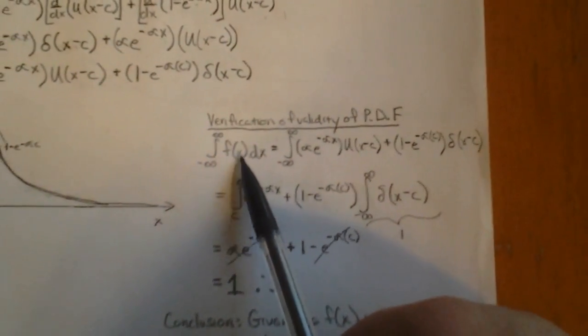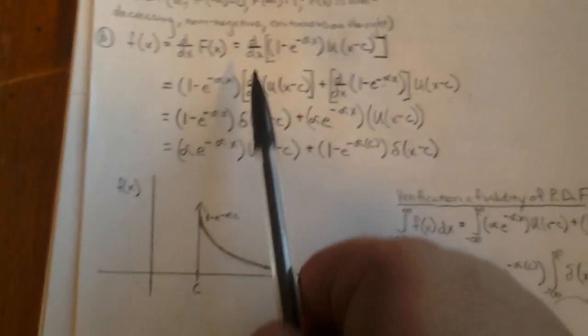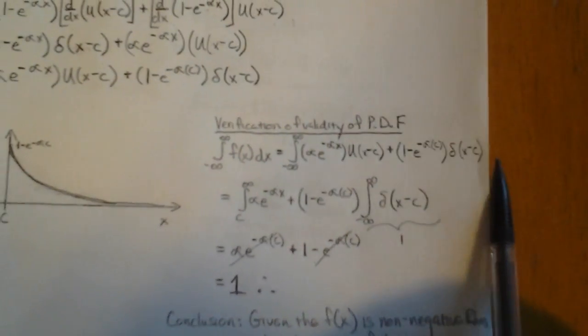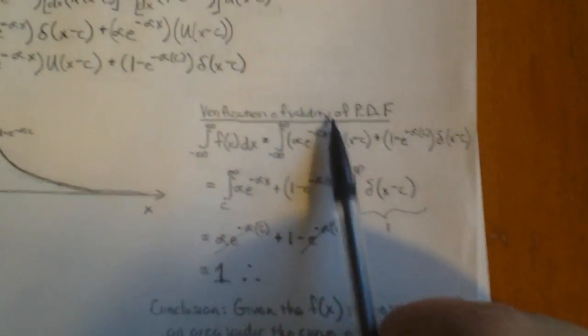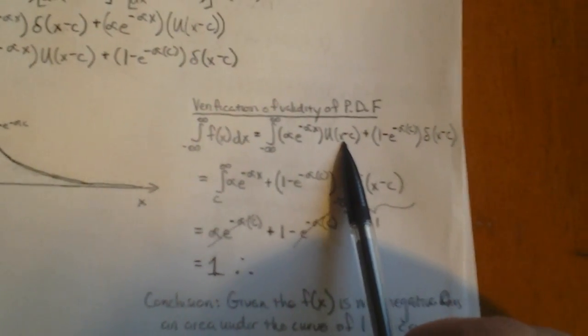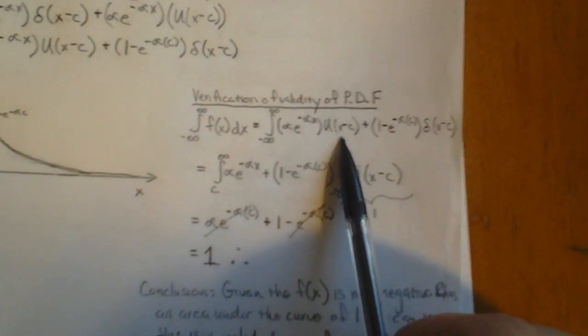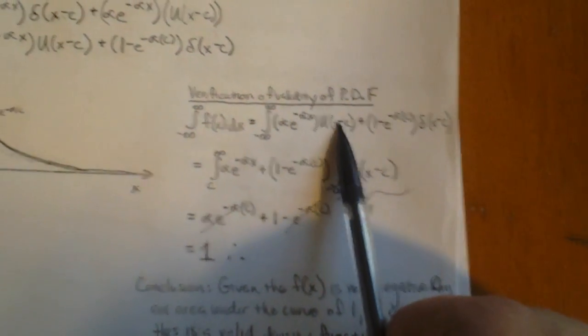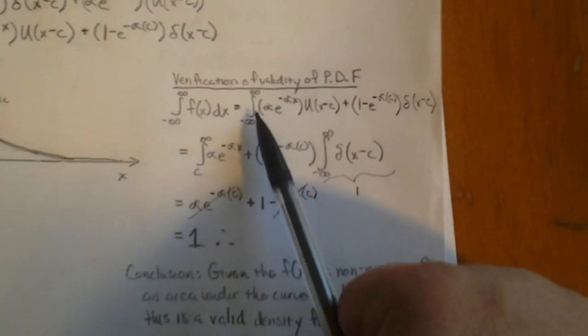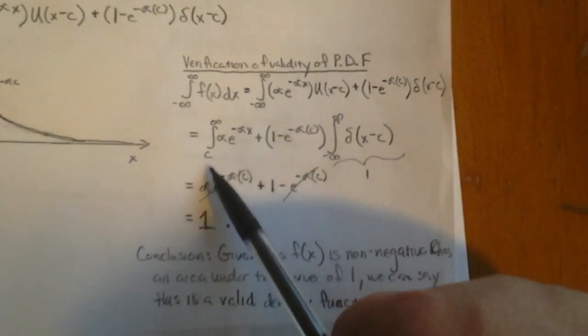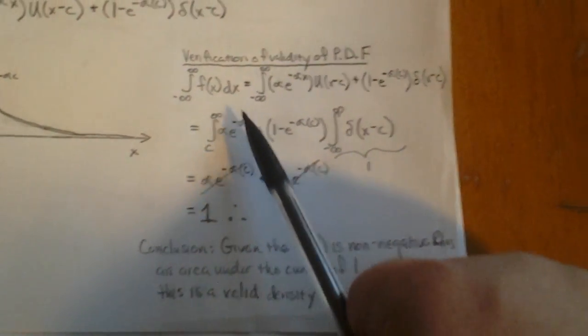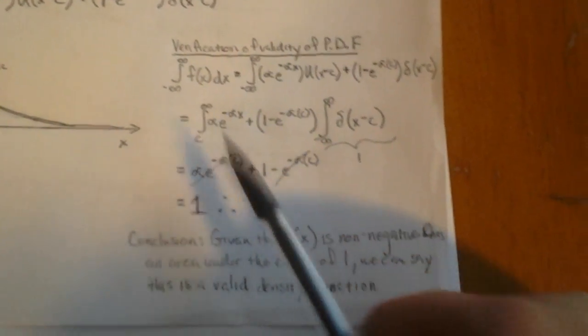So we do that right here. We substitute in our calculated f of t right there. Because of the unit step function, it's only defined after x is equal to c, so we can redefine this portion of the integral as c to infinity, which we do right here.